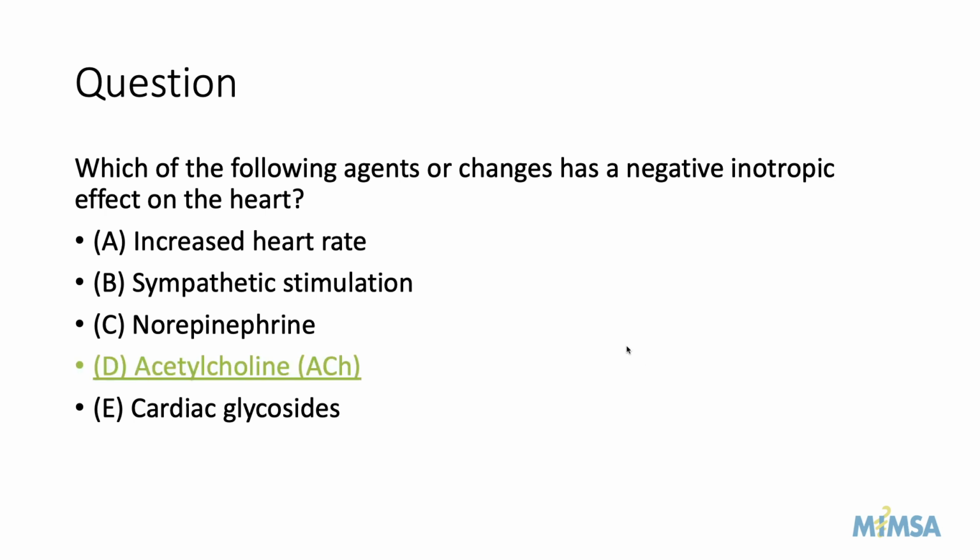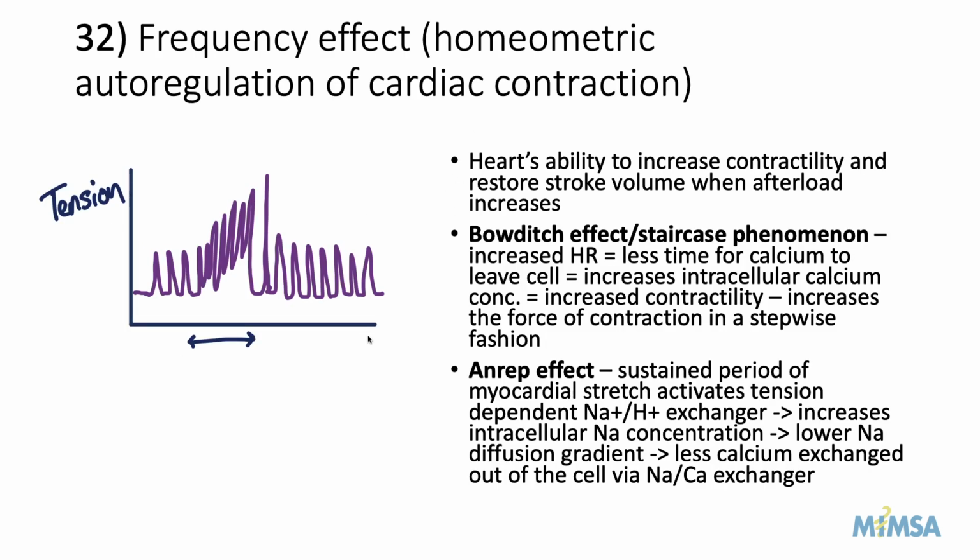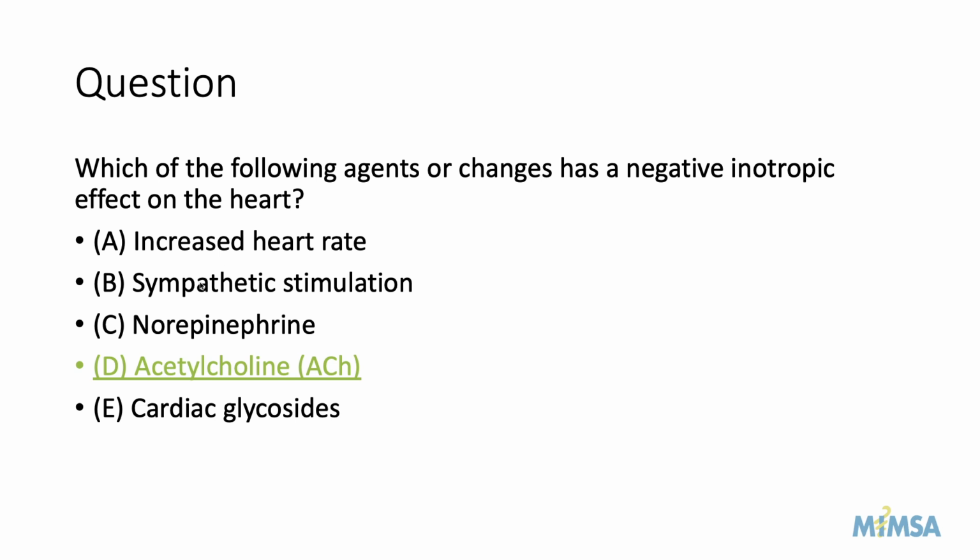Yep, so the answer is D, acetylcholine. The reason why is because increased heart rate, as we discussed, because of the frequency effect, increases contractility. Sympathetic stimulation, we talked about how sympathetic is the main factor for increasing contractility for the heart. Norepinephrine works via the sympathetic nervous system, increases contractility.